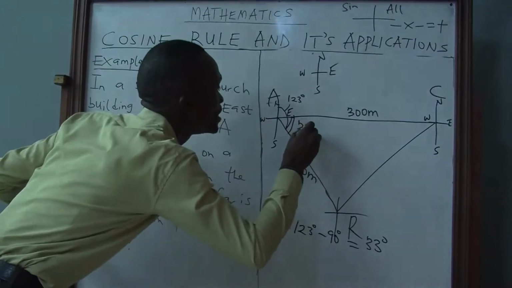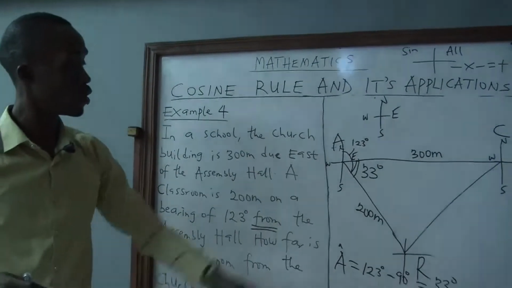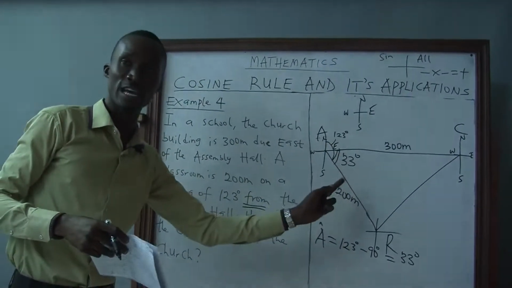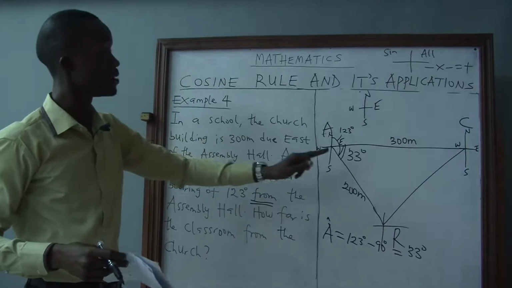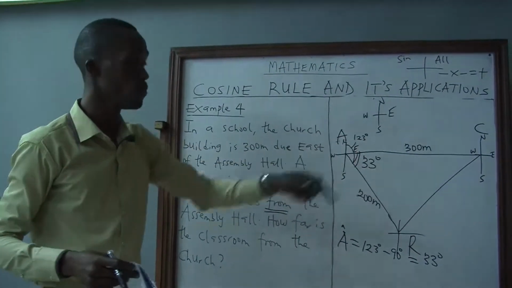So this angle is 33 degrees. This results in a triangle where we have two sides and the angle between them, and that is the first condition for using the cosine rule. We must have two sides and the angle between them.